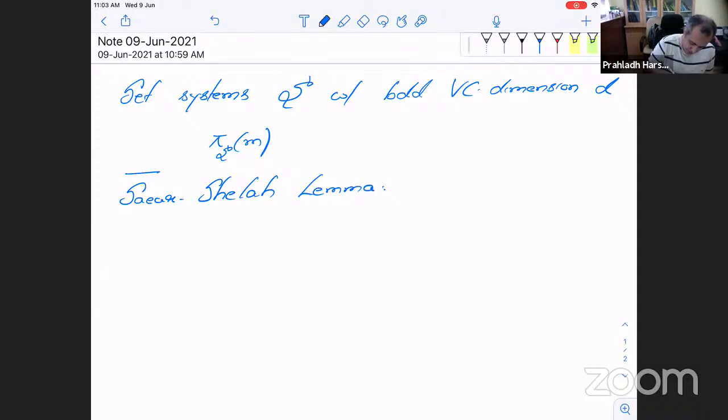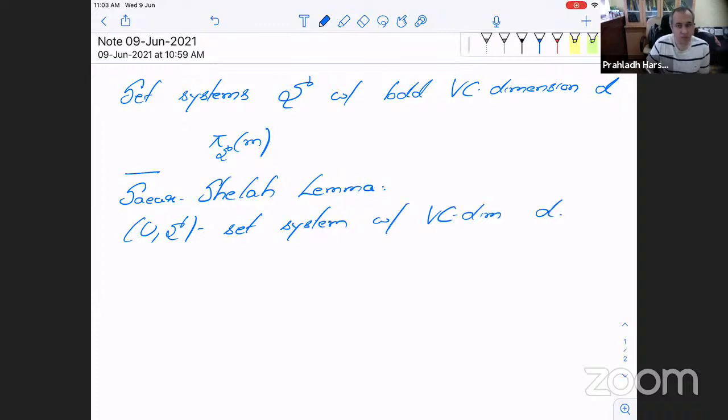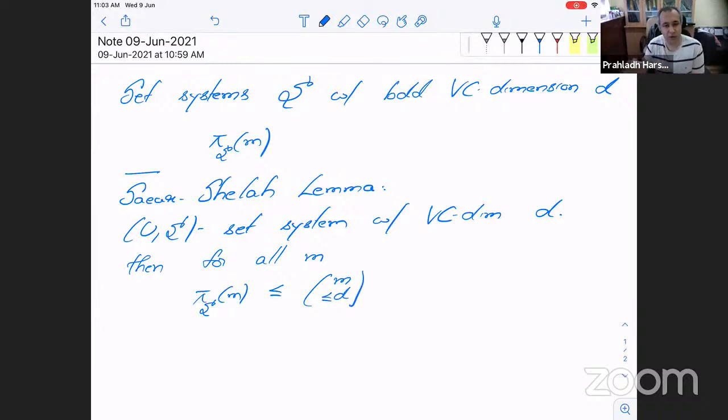If you give me a set system with VC dimension d, then for all m, pi_S(m) is less than or equal to m to the d. So this doesn't grow exponentially. It grows only like m to the d.